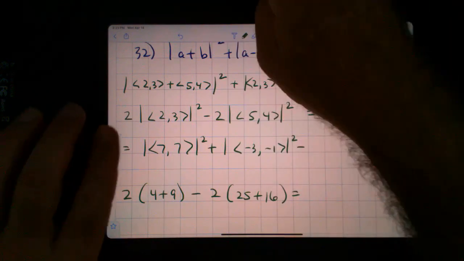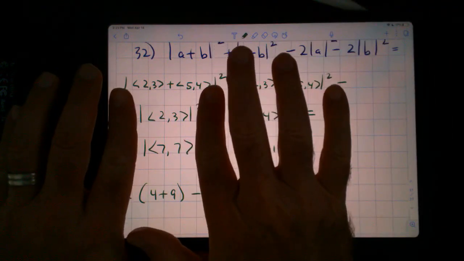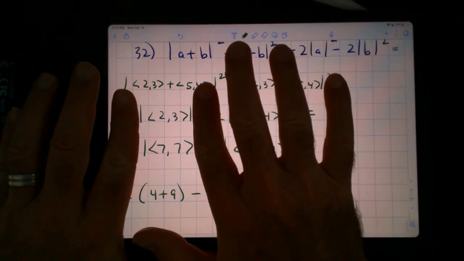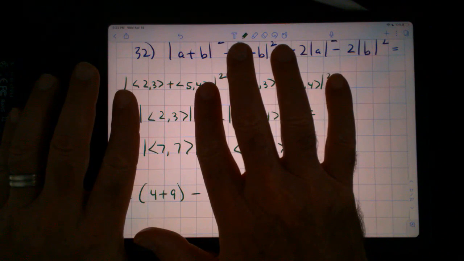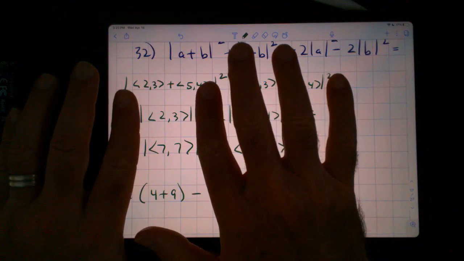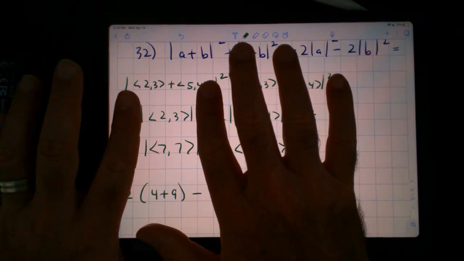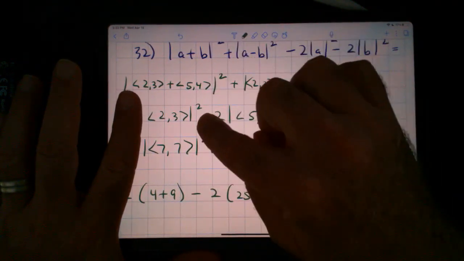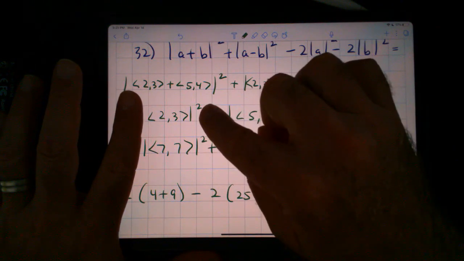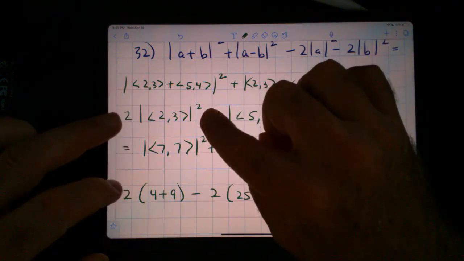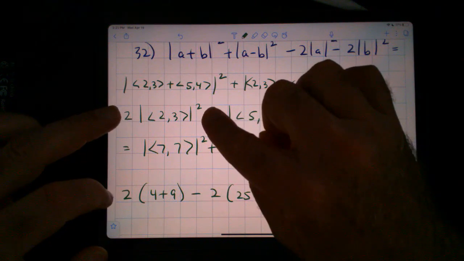What's going on inside here is if you just look at the magnitude of the vector 2, 3, this is going to be the square root of 4 plus 9. The square root of x squared plus y squared. When you square a square root, you eliminate the radical. And the scalar comes along for the ride.